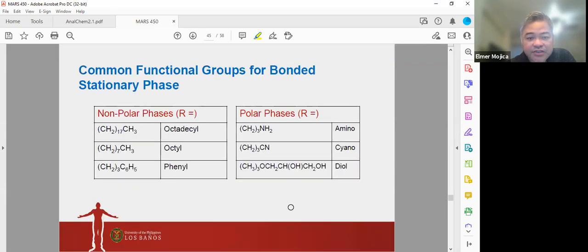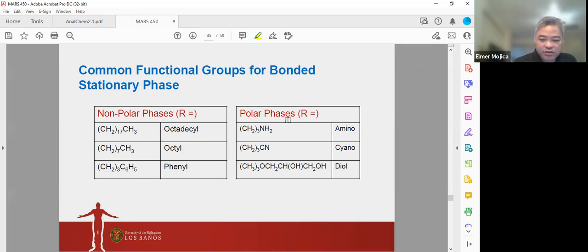Now, the common functional groups for this bonded stationary phase, you can have a non-polar one. So you can have a C18, a C8, or a phenyl. The octadecyl is the C18, octyl is C8. I use both C18 and C8 columns for my reverse phase HPLC.